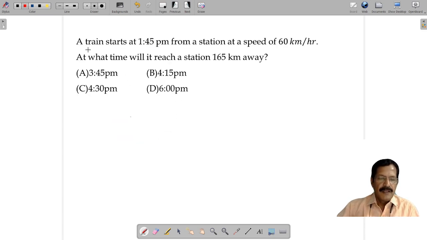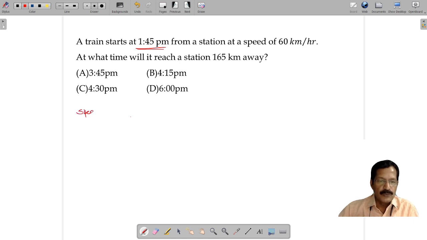Now, a question. A train starts at 1:45 p.m. from a station at a speed of 60 km per hour. At what time will it reach the station 165 km away? Options are given as 3:45 p.m., 4:15 p.m., 4:30 p.m., 6 p.m. Now, the train starts at 1:45 p.m. What is the speed of the train?